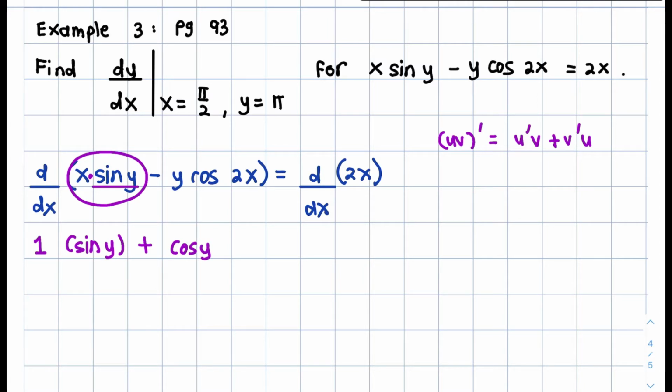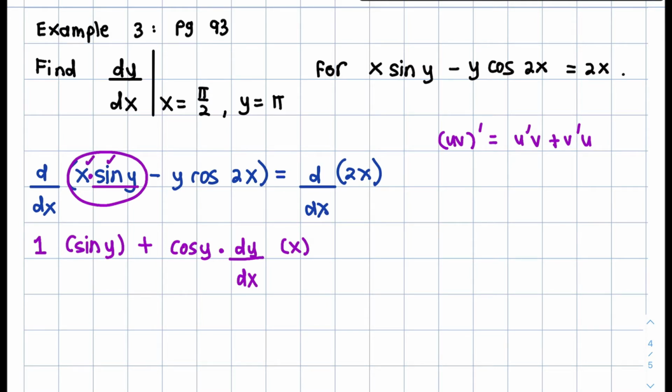Because you are differentiating with respect to x, and y is a variable, you need to multiply by dy over dx. Then multiply by the u here, which is x. So you have x multiplied by sine y.